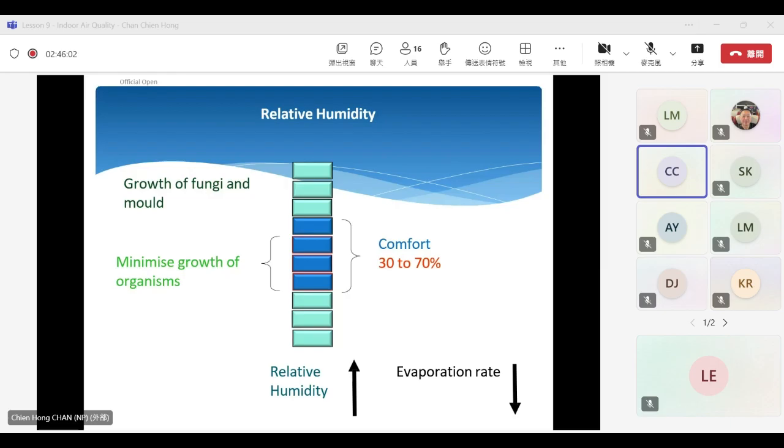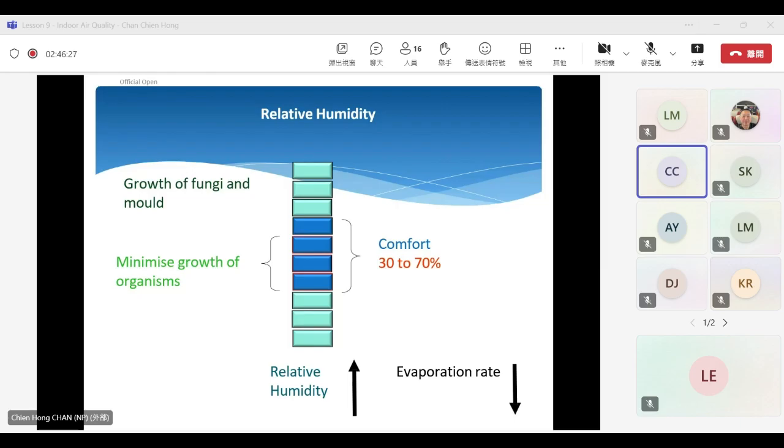On the other hand, if the relative humidity of the air is 100%, then basically we are saying that the moisture in the air, in the form of water vapor, can no longer remain as a vapor. It will have to turn back into liquid.